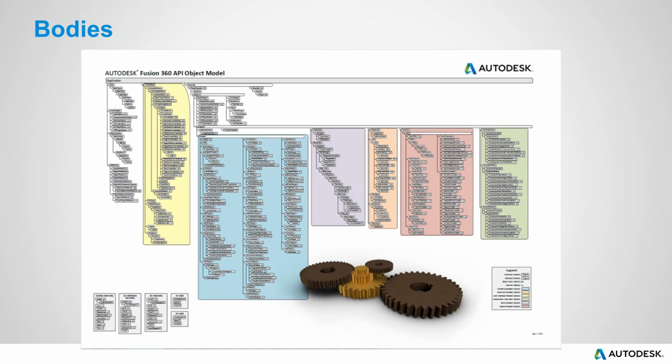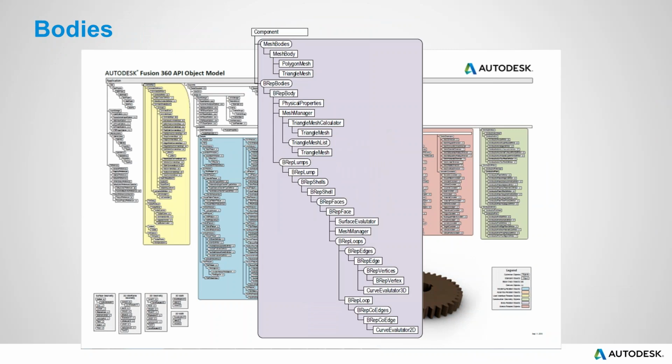All right, so the next section on here is the bodies in this purple box on the chart. Let's just zoom in on it. From the component again, we've got the root component, which has all of this, and then you can have other subcomponents.